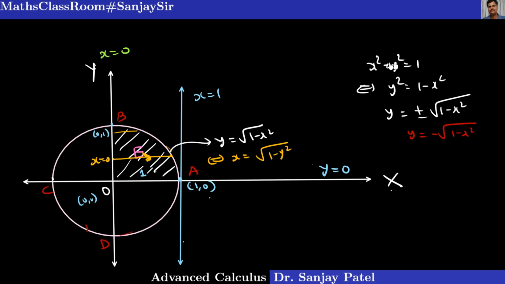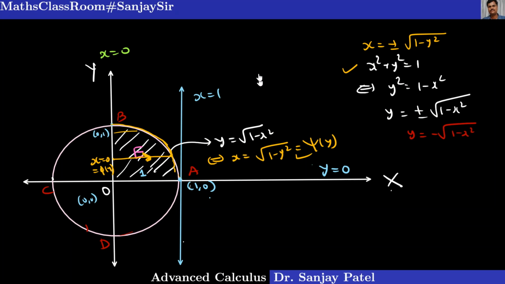From this equation, if you make x the subject, you will get x is equal to plus or minus square root of 1 minus y square. But x is positive on this side, so the equation of the arc BA will be given by x is equal to square root of 1 minus y square. So this is x is equal to phi of y, and this is x is equal to psi of y, the required limits of x, which are functions of y.